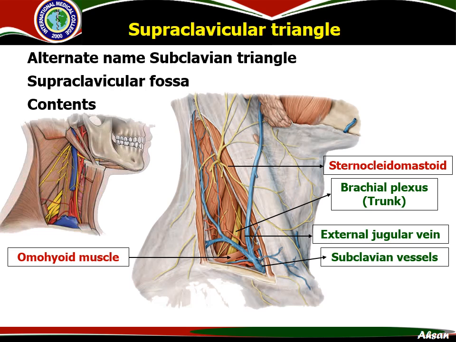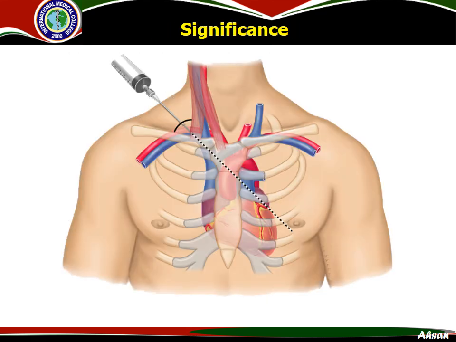This becomes visible, palpable under the skin in the supraclavicular triangle. That's why these trunks are especially important for the anesthesiologist. They use this area to block the nerves of the upper limb.